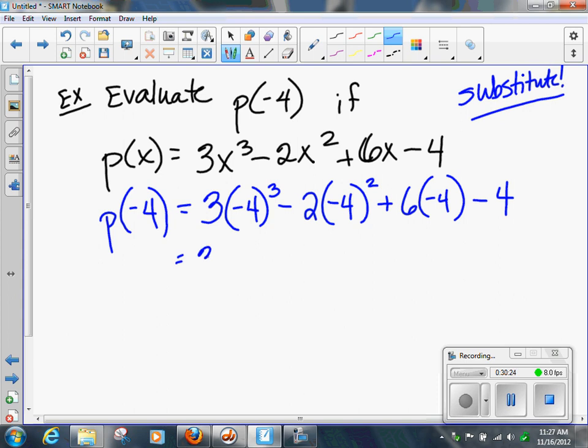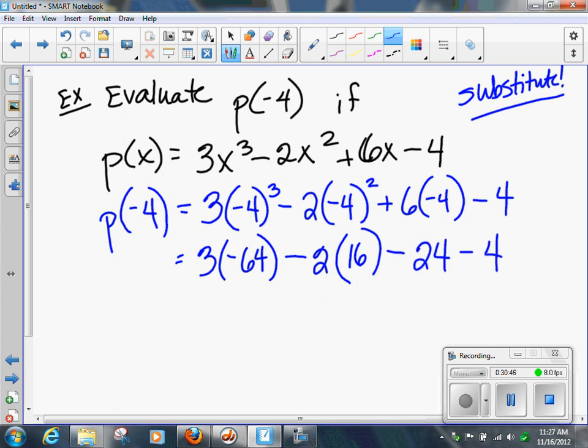Negative 4 to the third power. Negative 4 times negative 4 is positive 16. Positive 16 times negative 4 is negative 64. Yeah? Minus 2 times negative 4 times negative 4 is positive 16. Can I put negative 24 there? Because 6 times negative 4, and y'all know how I'm about showing every step. 3 times negative 64, something big, 192.